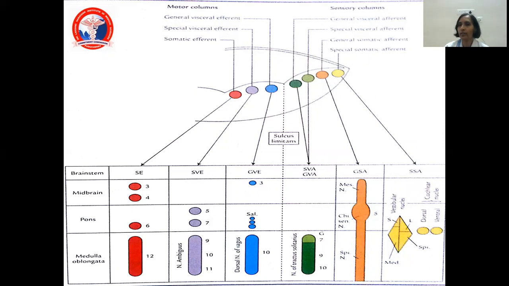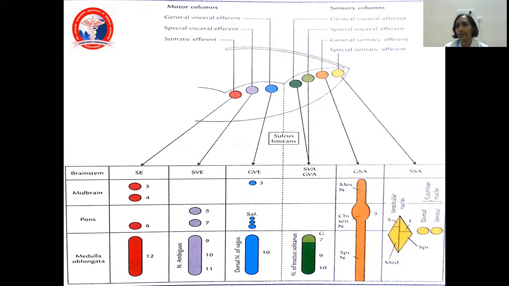And the last component, the lateral most, is for the purely sensory nerves, that is the special somatic afferent. The special somatic afferent is the component for the first, second, and eighth cranial nerves, that is the olfactory, optic, and vestibulocochlear nerves.